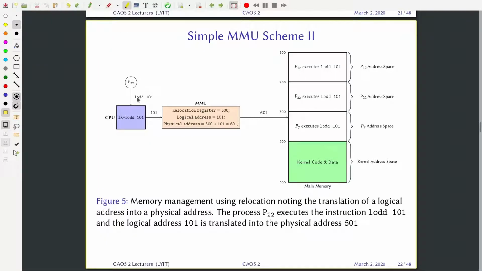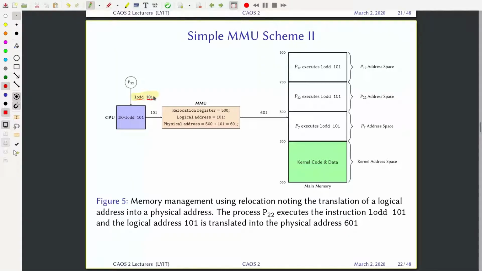So we imagine now that P22 is executing, and we can see that it is now executing the machine code instruction LOD 101. And as before, we can see that there are two components to this. We can see that there is, first of all, the operator, which is load direct, and then we have the operand, which is the logical address that is being executed by process 22.